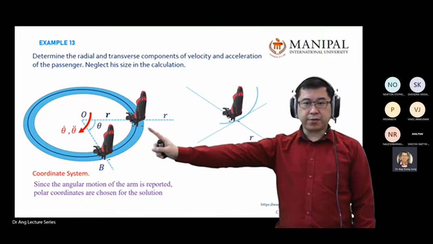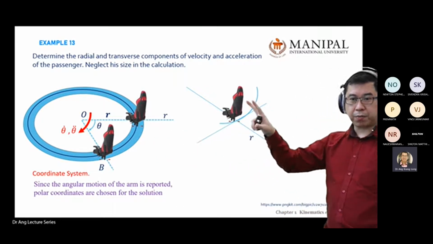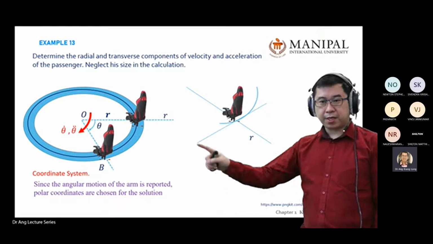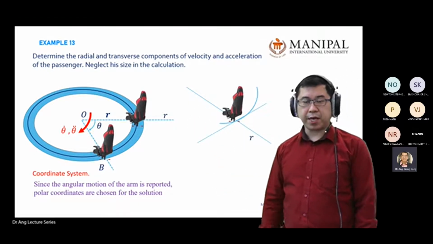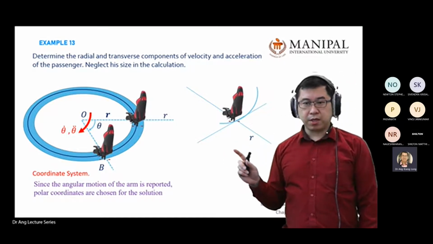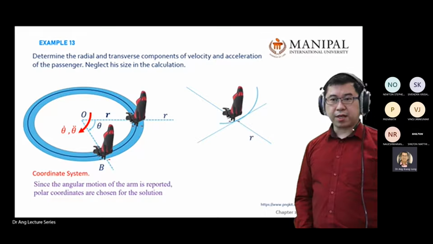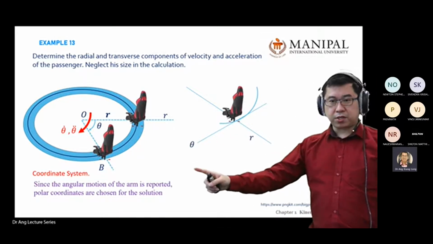You can use this diagram to draw, but I pull the diagram and put it in the empty space here. So I draw two axes that help me to solve. Again, this is a polar coordinate question, so I will have r and theta axis.